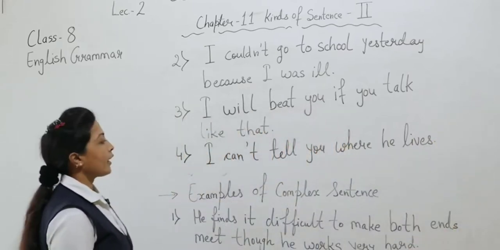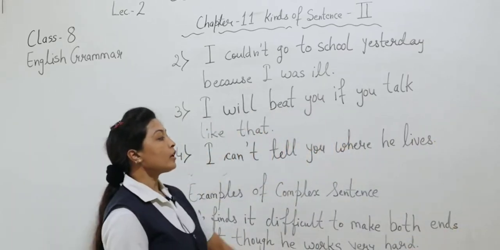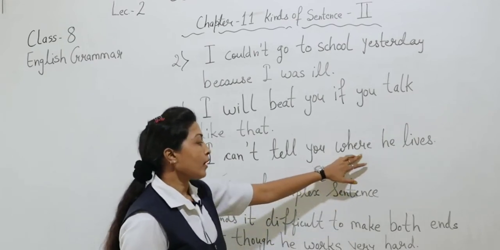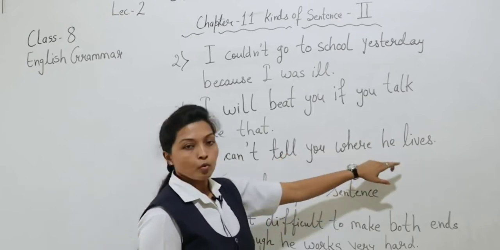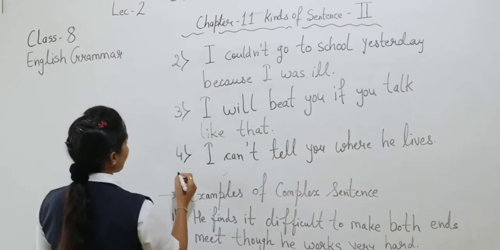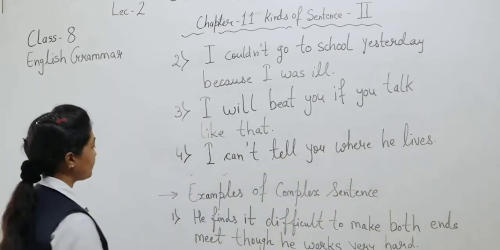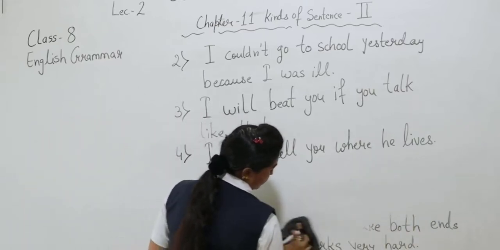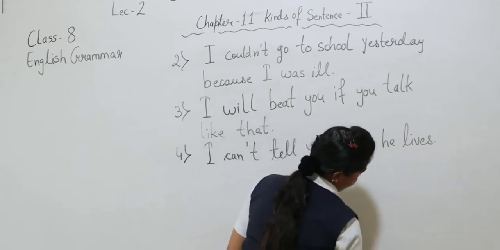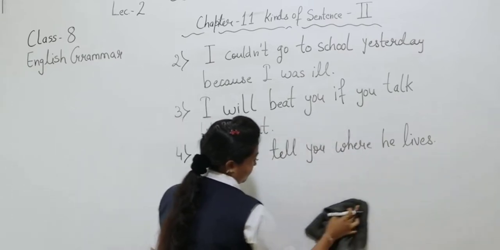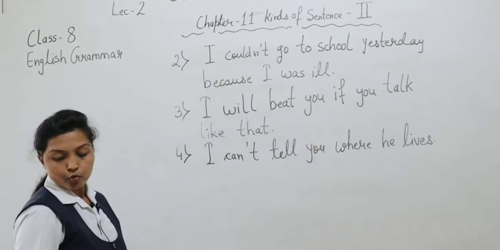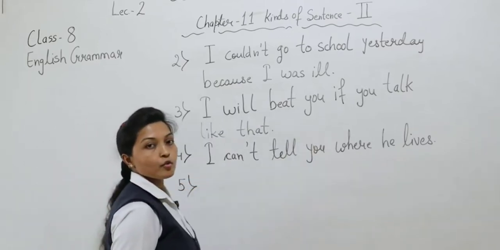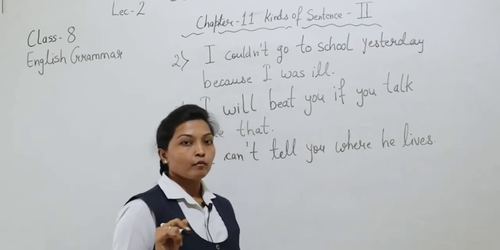So in this, the subordinate conjunction where joins these two parts. Then after, students, you have to write this down with me. So continue with your writing work.